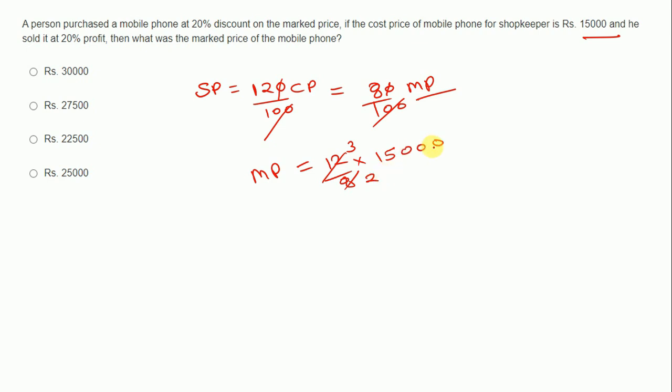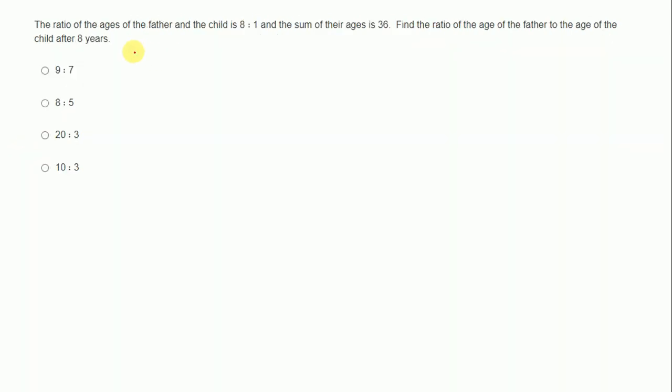So now just divide this 15,000 by 2. It would be equal to 7,500 and multiply by 3. 5 into 3 is 15, and 7 into 3 is 21, 1 carry 22, and 2 zeros as it is. So it would be equal to 22,500. Option C is correct.